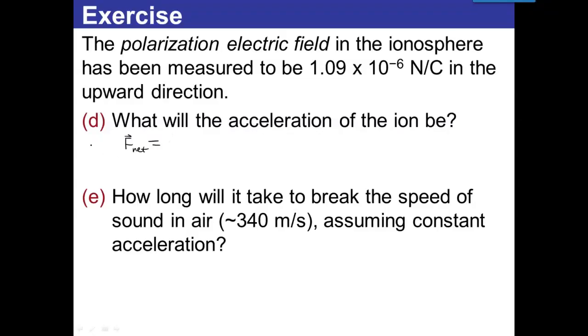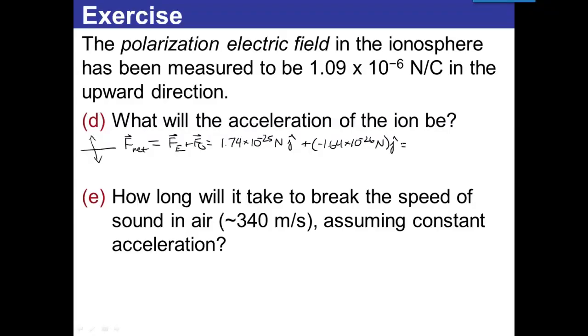So if we set up a positive coordinate system with y positive being up, then we'll have the force of the electric field plus the force of the gravitational field. That will be 1.74 times 10 to the negative 25 newtons times j hat, and then add to that negative 1.64 times 10 to the negative 26 newtons times j hat. It's in the opposite direction, so it's negative.